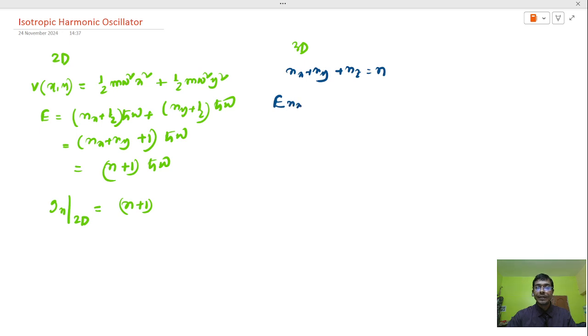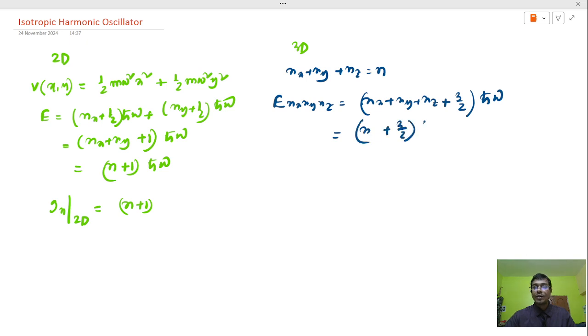So E(nx, ny, nz) is (nx plus ny plus nz plus 3 by 2) h cross omega, which is basically (n plus 3 by 2) h cross omega, and the degeneracy for 3D becomes half (n plus 1)(n plus 2).